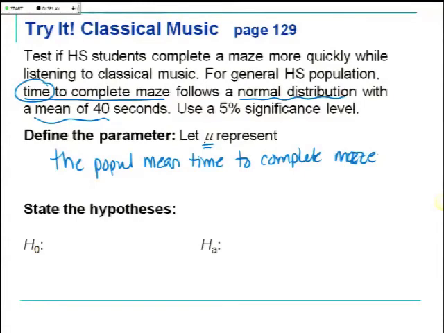First of all, it has to be the population mean time to complete the maze while listening to classical music, and for which population? For all high school students. Those two aspects need to still be there. It's the population mean time to complete the maze while listening to classical music for all high school students.